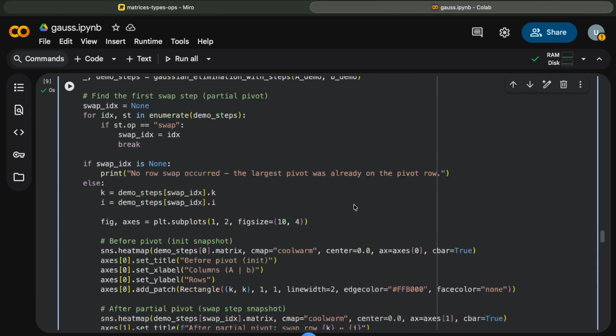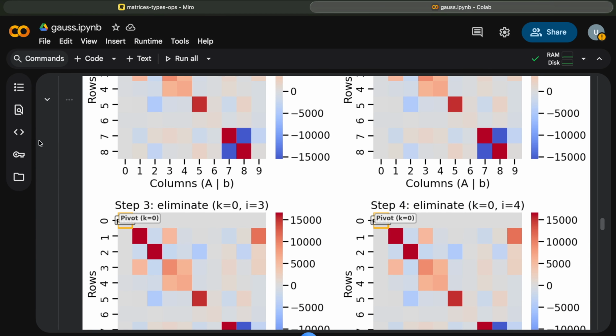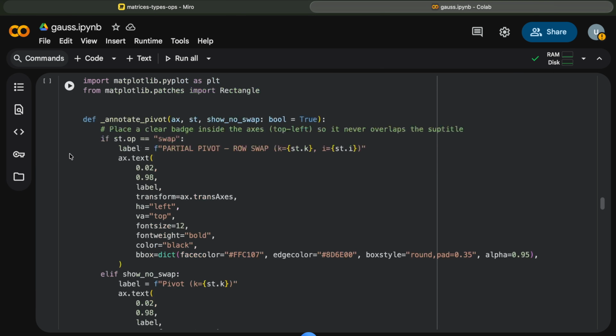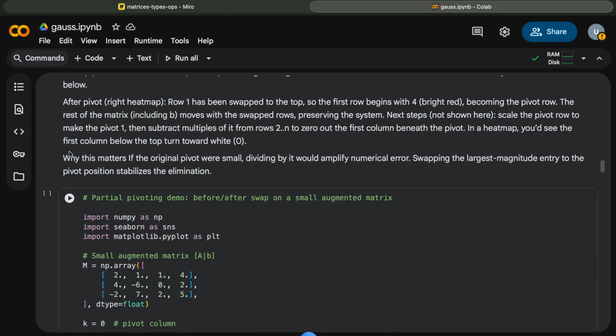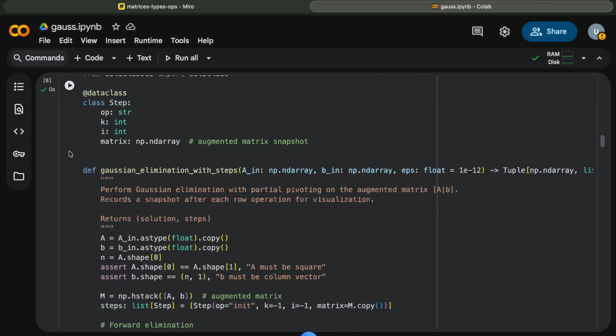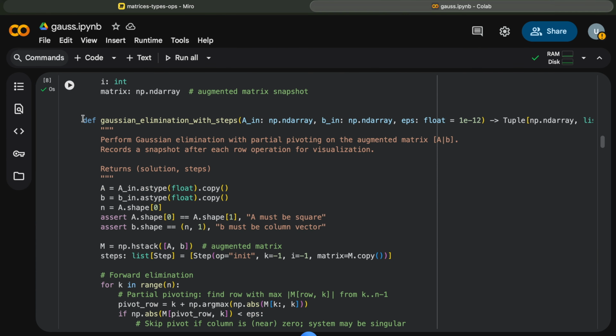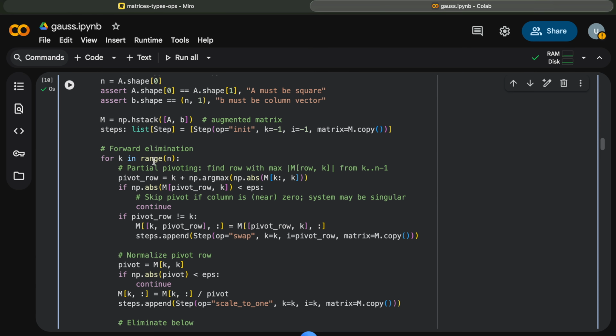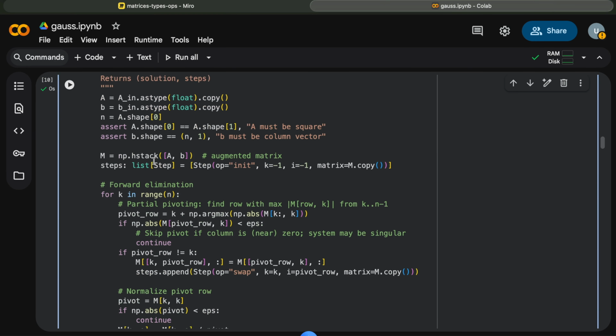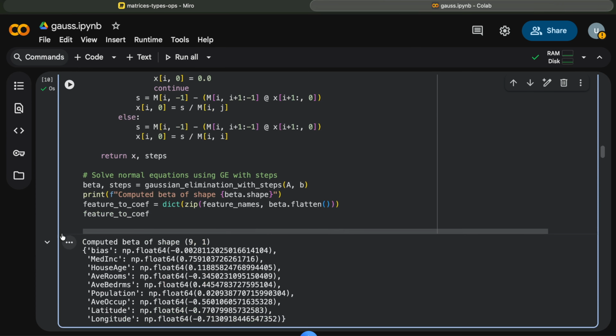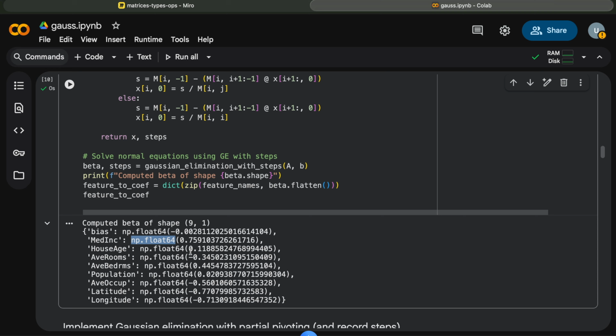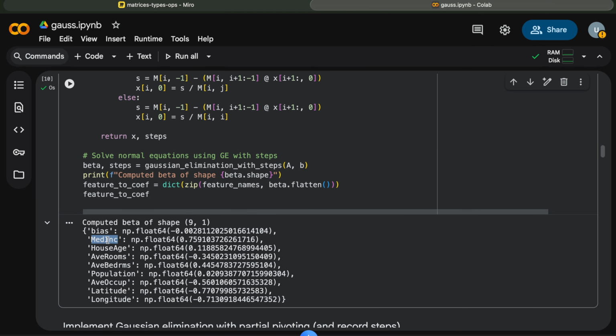Great. Now we will solve the whole problem using the Gauss elimination method. We have already implemented the algorithm here, so we'll just feed in the dataset after normalizing it, and we will get the coefficients here. You can see we have already gotten the coefficients for different features: median income, bias, house age, average rooms.